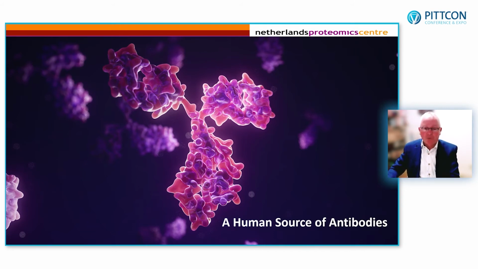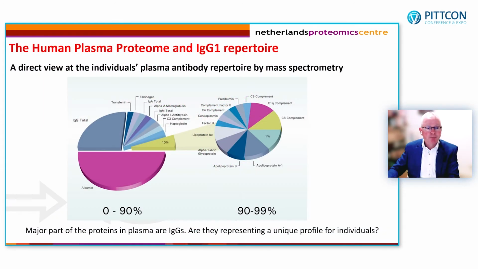But of course, it's also an important part of our immune system because the antibodies are there to fight pathogens, viruses, bacteria, but also other human diseases. And they all come from our own immune system. So I am quite intrigued by these antibodies, and I wanted to look at these antibodies already for quite a long time.